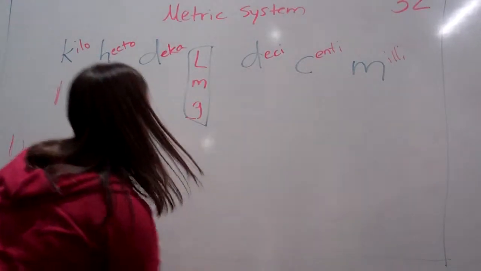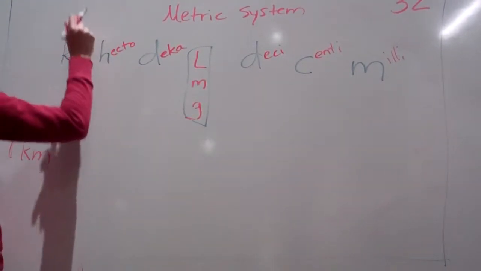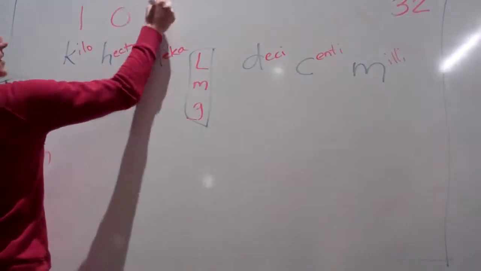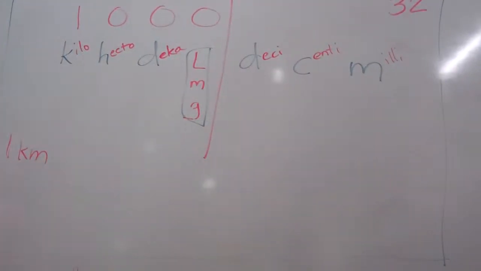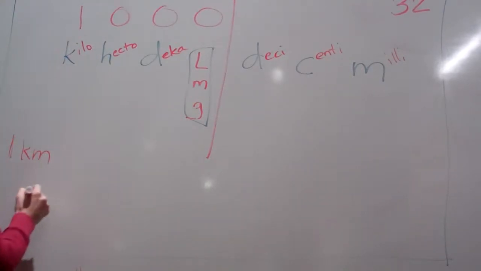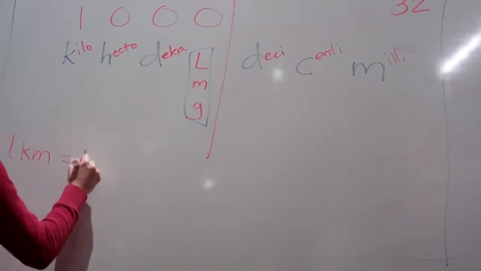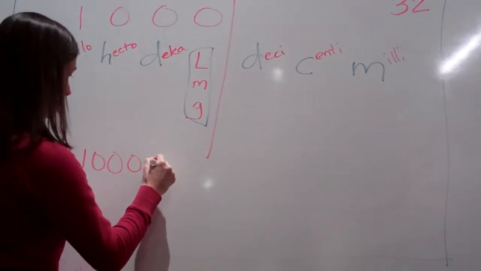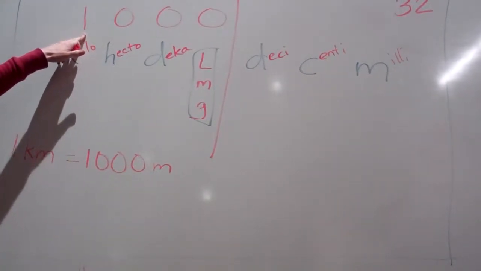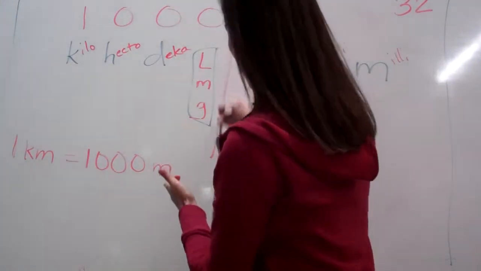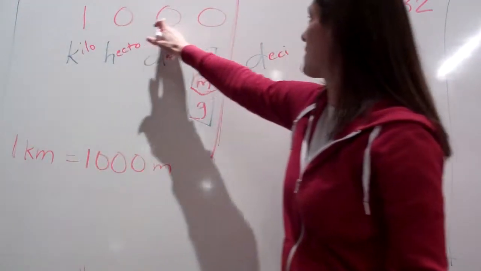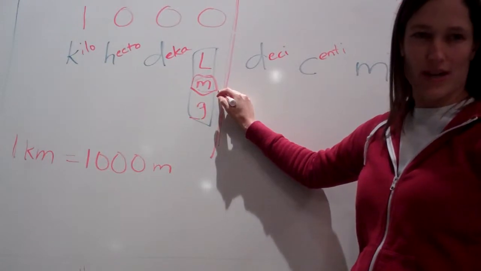Let me do this up here, and move this so y'all can see. 1 kilometer is the same thing as 1,000 meters. Got it? You see how I did that? I went all the way to the end of this, meter. So 1 kilometer is the same thing as 1,000 meters. Does everybody see how I did that?